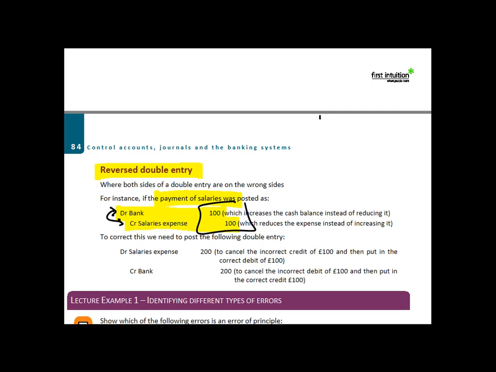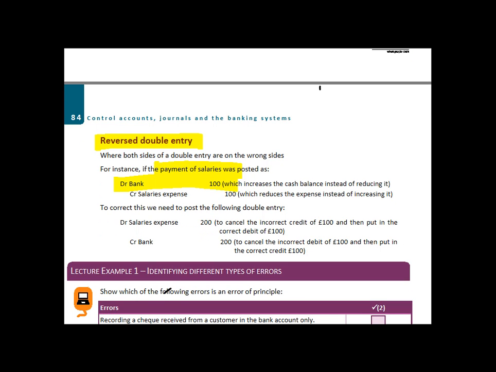Now, to correct this, well, if you imagine what we've done here, we've debited bank by 100 when we should have credited bank by 100. That means bank's actually going to be out by a total of 200. Because we've debited it, we've added to the bank account when we should have reduced it.